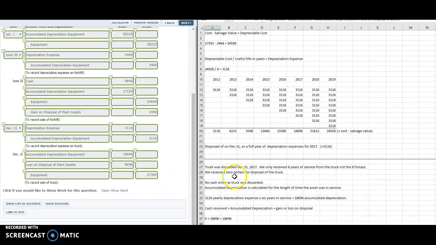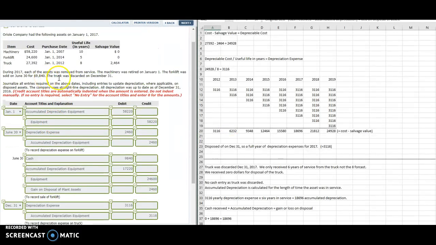And then for our final journal entry, we're asked to journalize the entry for the truck, and we learned that they discarded the truck on December 31st of 2017. So the first thing we need to do is figure out what our depreciation expense yearly for the truck is.